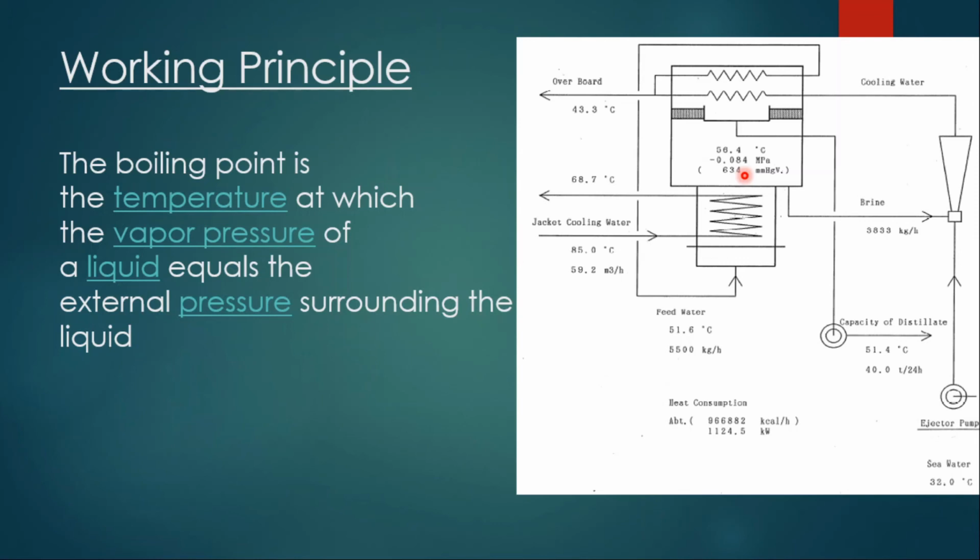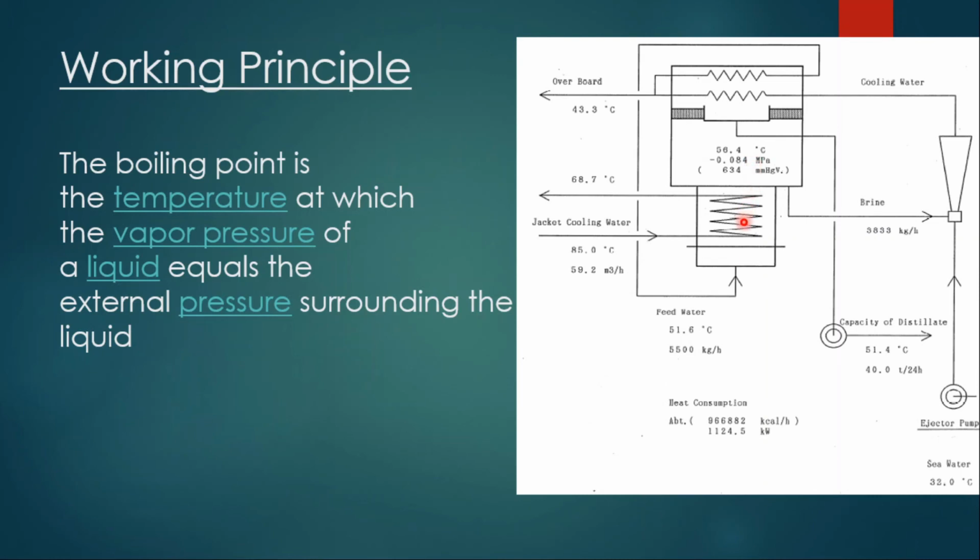There is a video in that where we will see deeply, but here you can see that here the feed water is filled, that is sea water, and jacket cooling water is there to heat the feed water. Once the feed water is heated, the pressure is under vacuum, so low pressure.